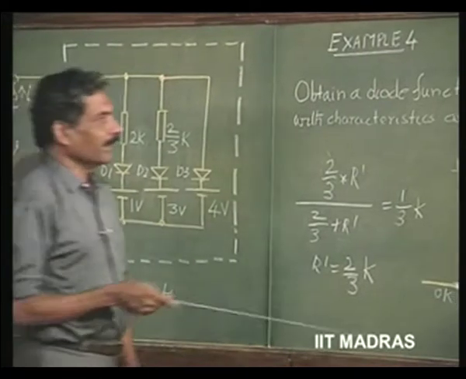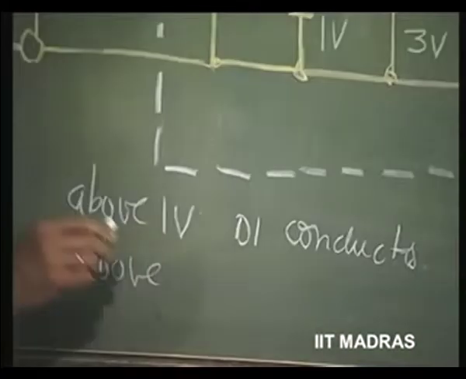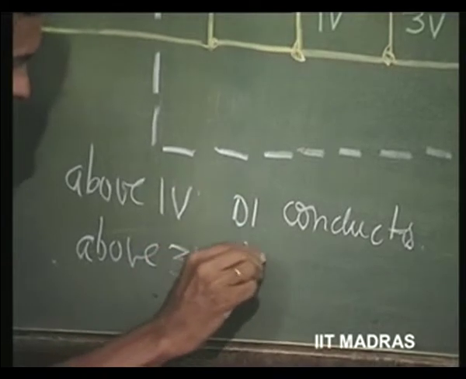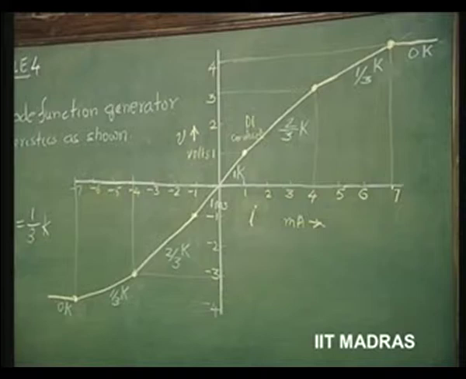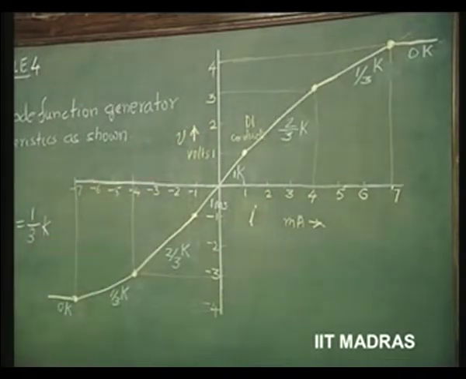Now, finally, after 4 volts is reached, let us see. Above 3 volts D2 conducts. Above 4 volts, we want the slope to be 0 k.